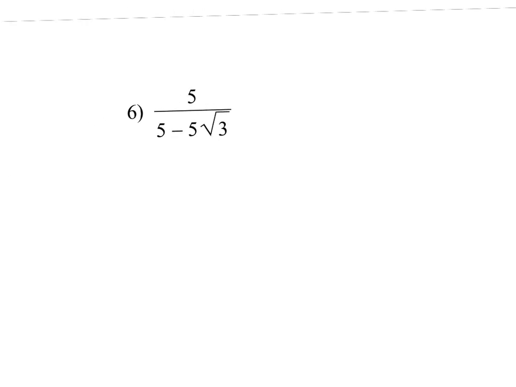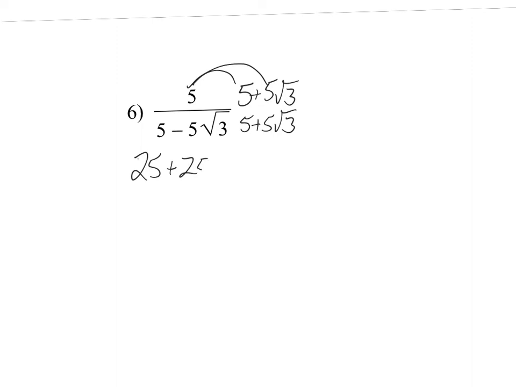Same exact thing again. We're going to multiply the top and the bottom by the opposite of whatever sign's on the bottom. So we have 5 plus 5 radical 3, 5 plus 5 radical 3. So let's go ahead and multiply this out. So this 5 is going to both of those. So we have 25 plus 25 radical 3 over 5 times 5 is 25, 5 times 5.